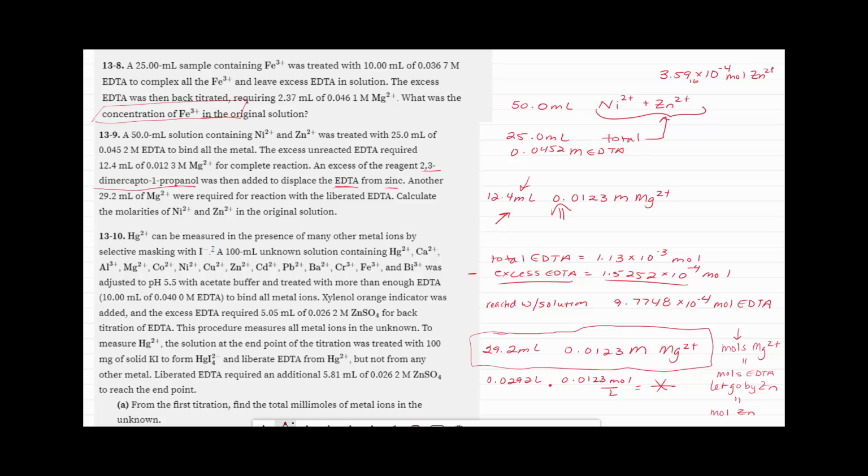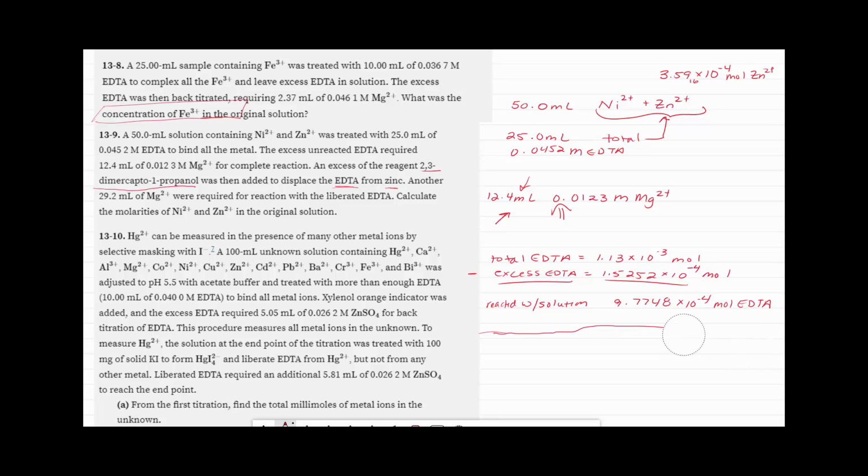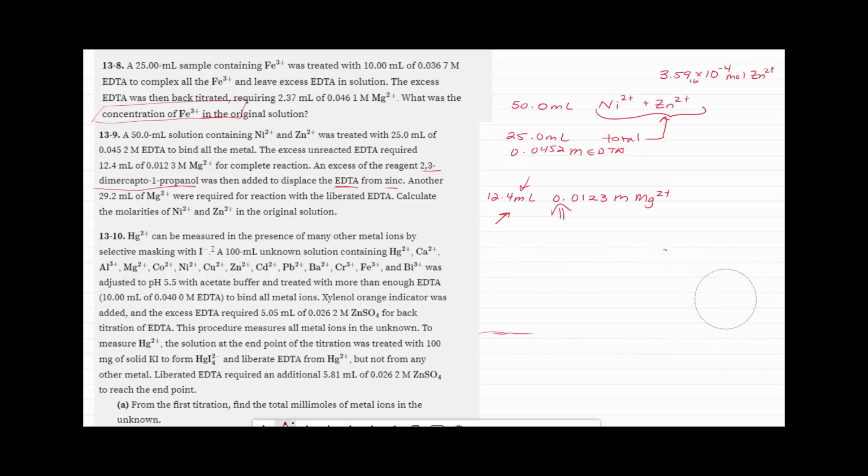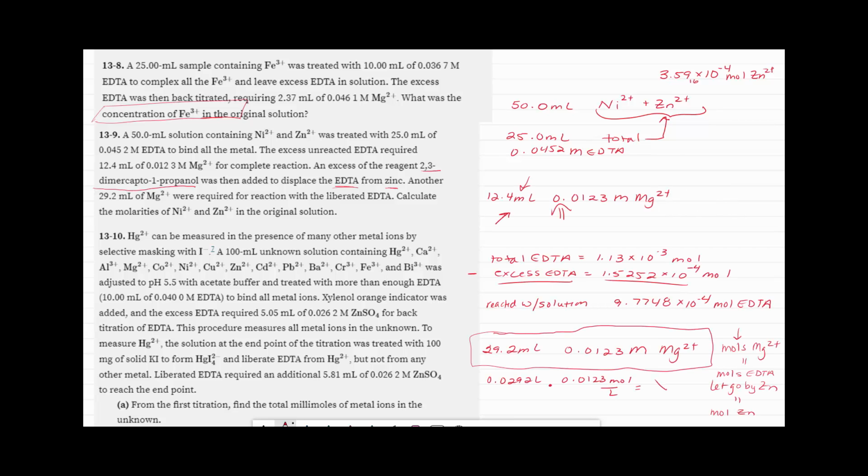So what is the molarity of nickel in the original solution? Well, how are we going to find that? The moles of nickel in the original solution plus the moles of zinc in the original solution will equal the moles of EDTA that reacted in the original solution. So this is the value I need right here.